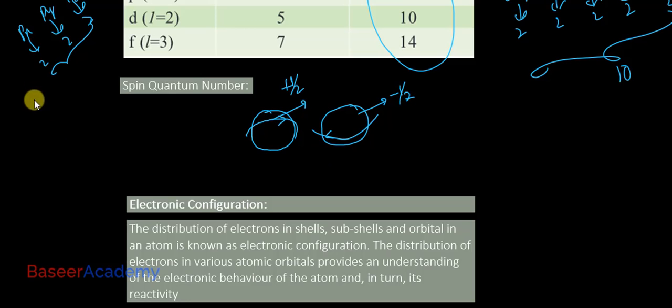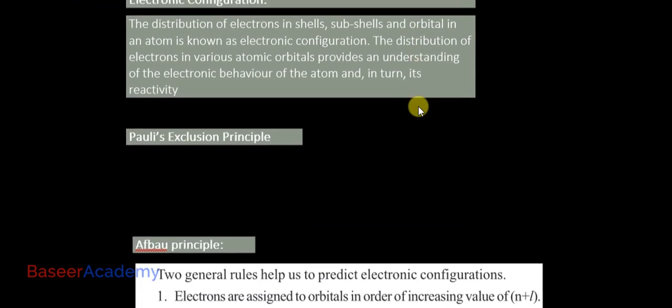And remember, in each orbital, if one electron has a positive spin, the other electron will have a negative spin. So there can be a maximum of 2 electrons only in an orbital. This will be a little more clear when we write down the electronic configuration.